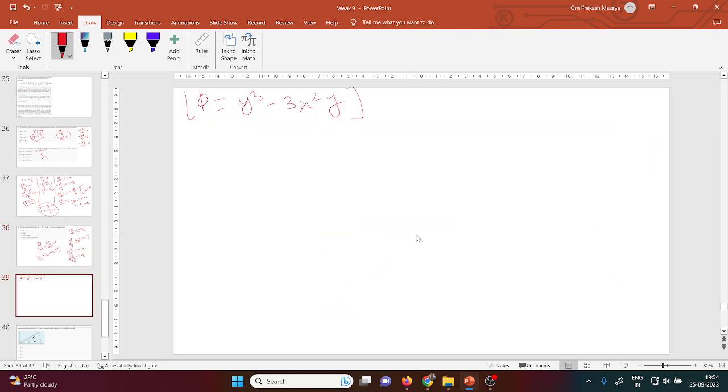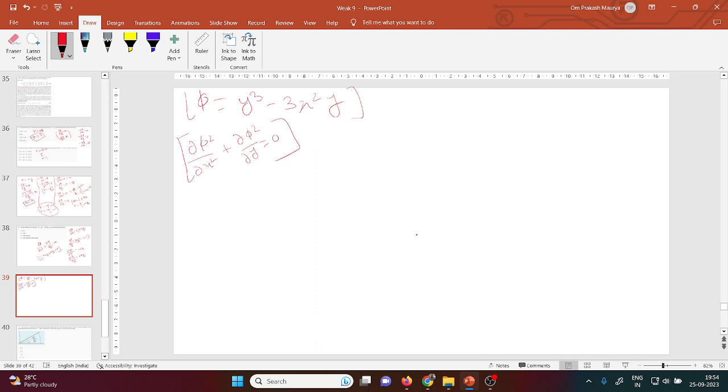The condition for a valid potential function is that you differentiate this phi twice with respect to x and twice with respect to y, add both terms, and it should be 0. So this is the valid condition.